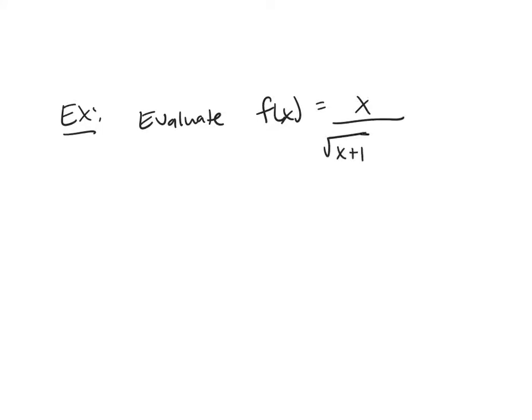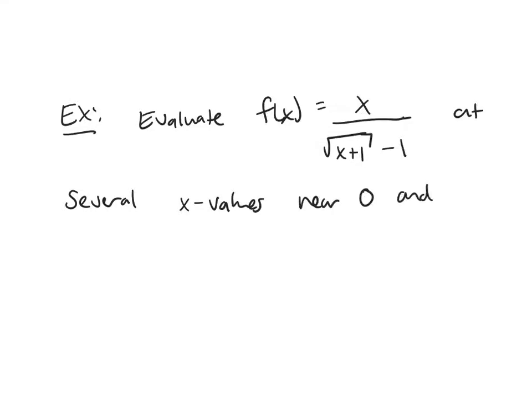Let's look at our next example. We want to evaluate the function x over the square root of x plus 1 minus 1 at several x values near 0 and use the results to estimate the limit.